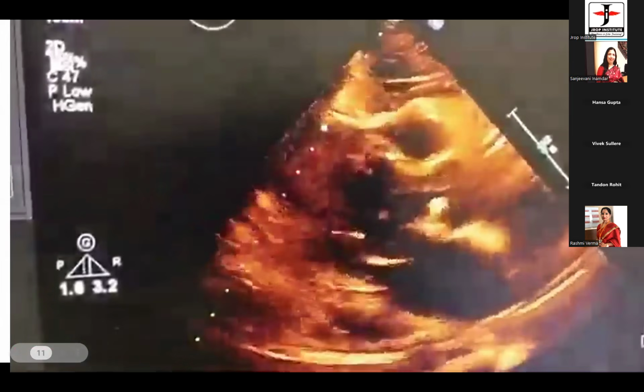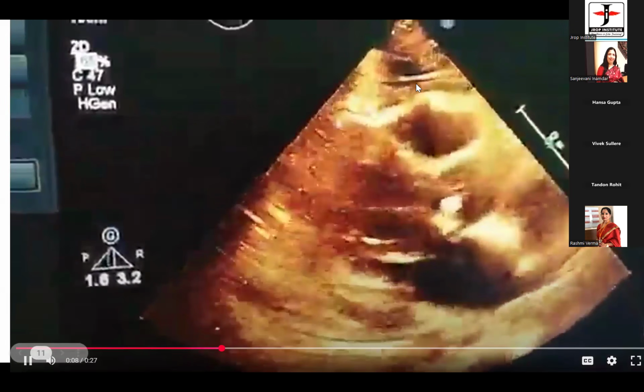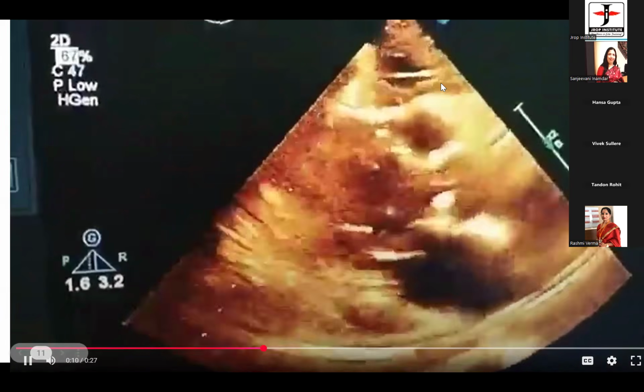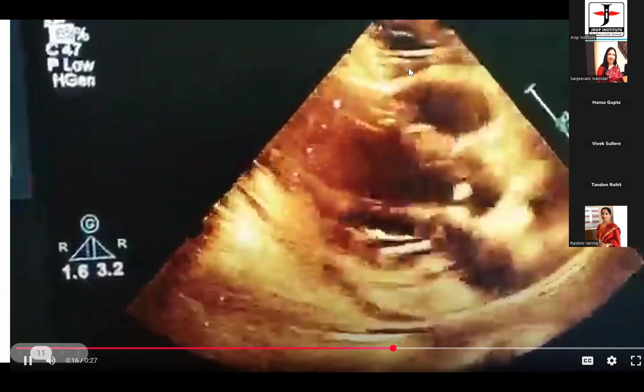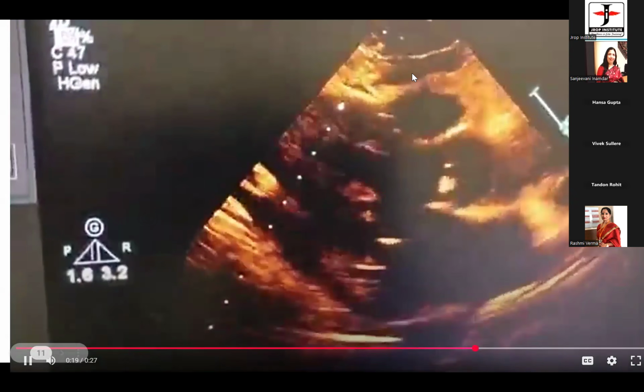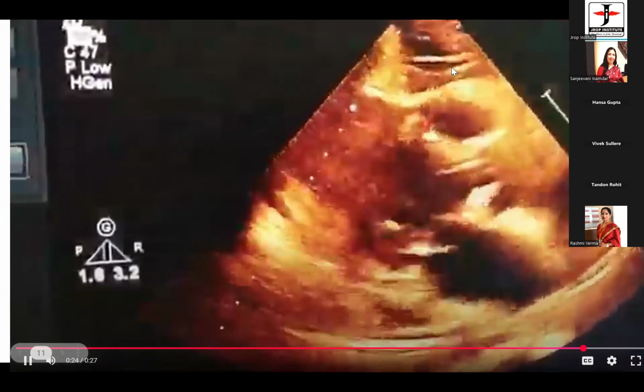So this is a parasternal long axis view in which some echolucent space is seen anterior to the right ventricle. And as I increase the gain, it is more clear here.